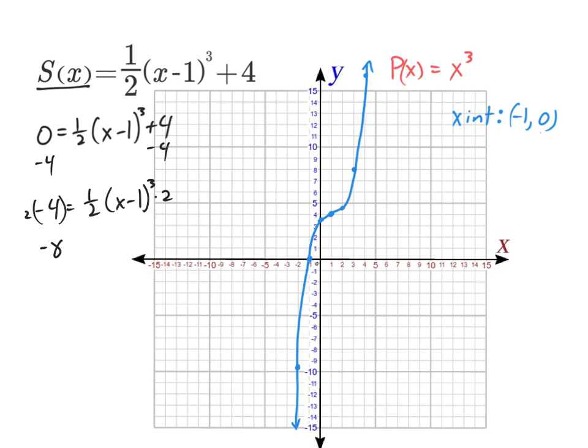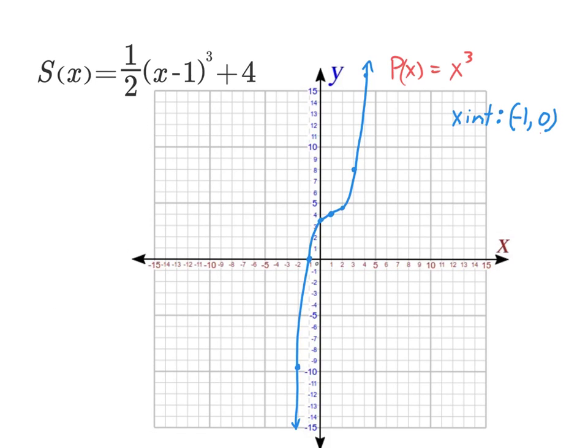So I end up getting -8 equals x minus 1 cubed. Undo the cube by doing the cube root. So I end up getting -2 equals x minus 1. So now x equals -1 if I add 1 to both sides. So that's how I would get x equals -1, and that's what I ended up getting here.